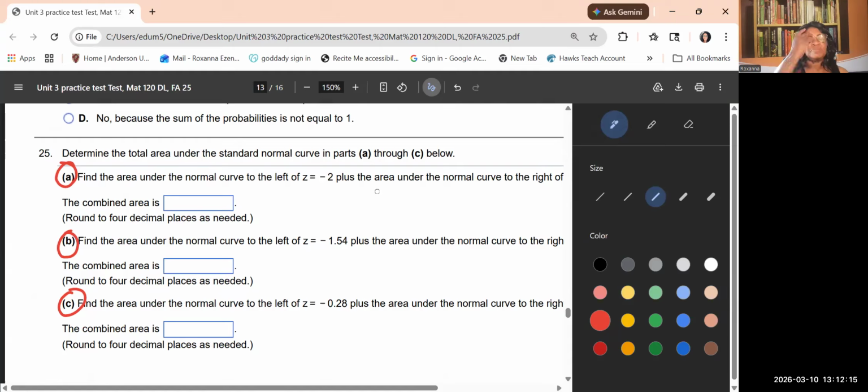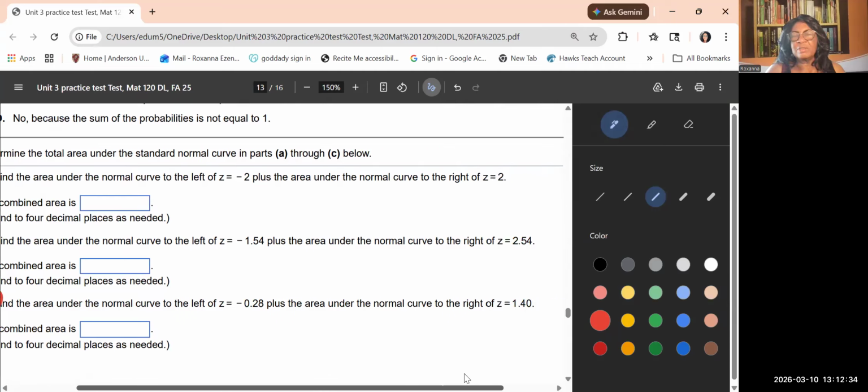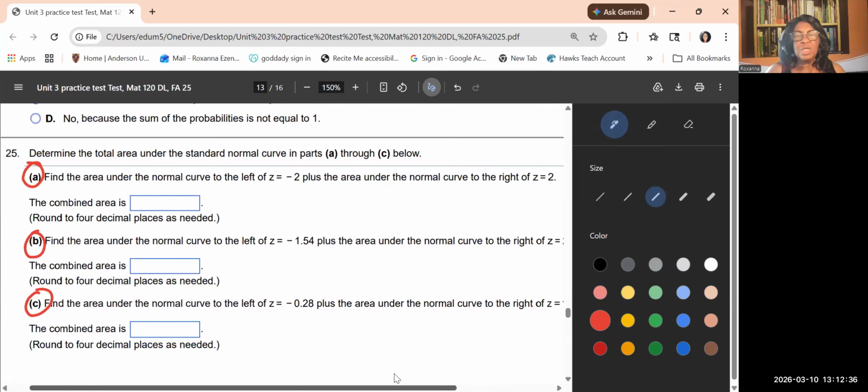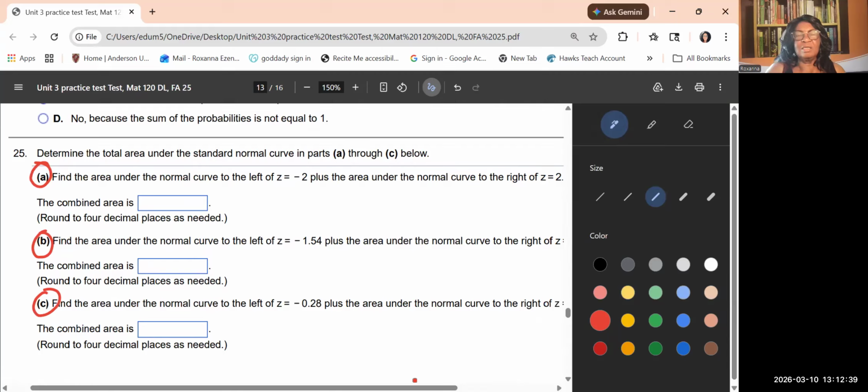Question 25. We're told to find the area under the normal curve to the left of z equal to minus 2 plus the area under the normal curve to the right of z equal to 2. In other words, the question is asking us to find the area under the normal curve for z beyond plus or minus 2.